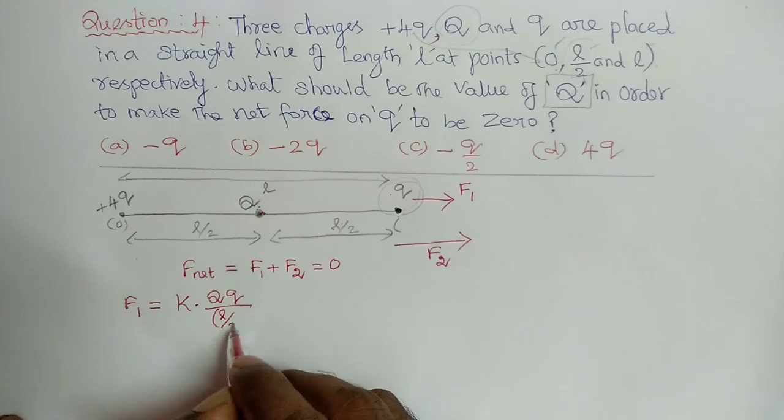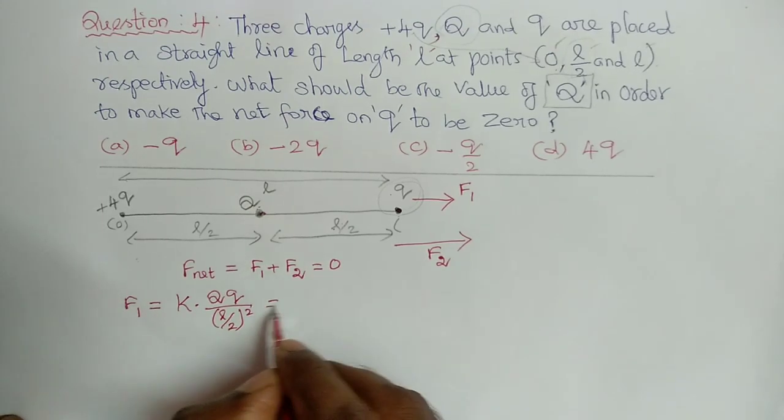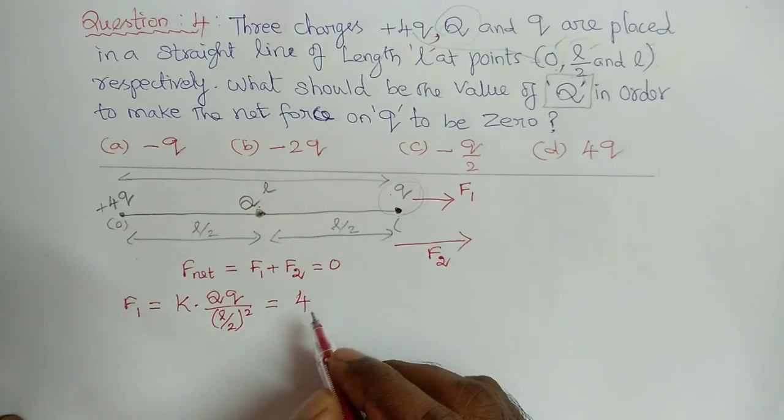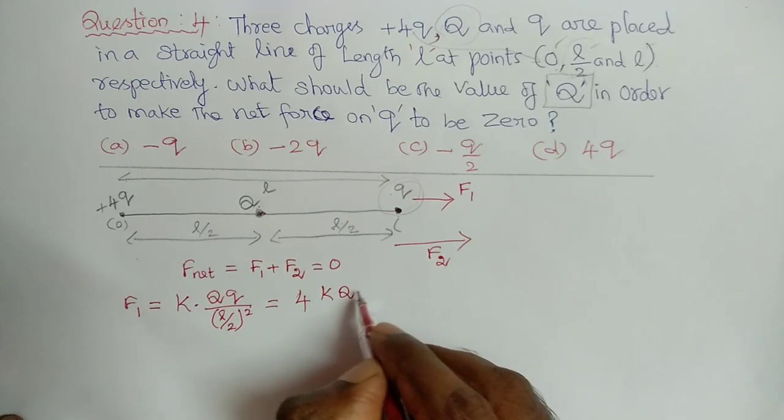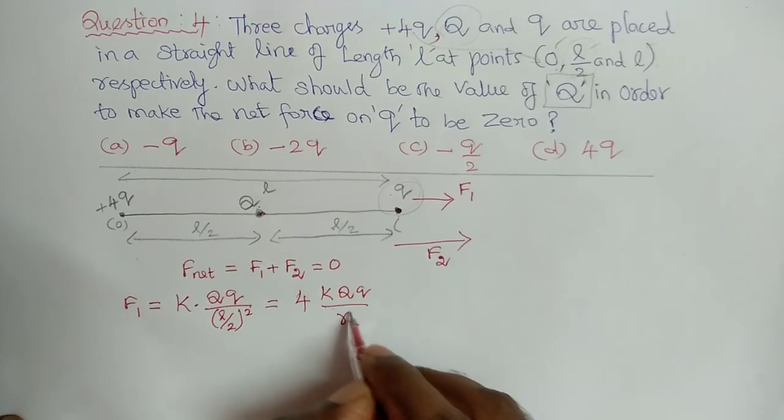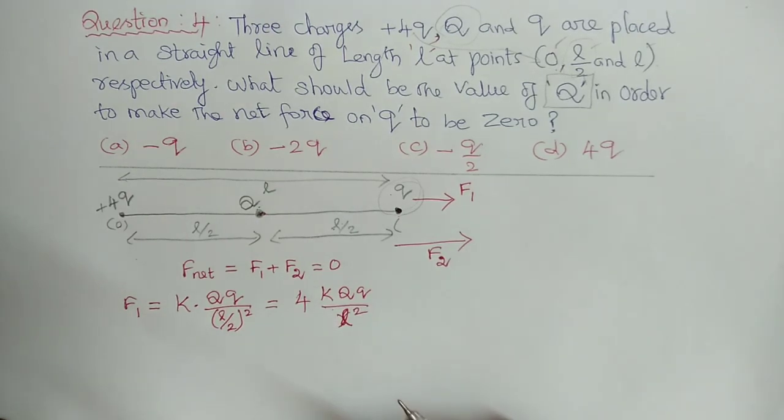So L divided by 2, the whole square, which is equal to 4KQq by L square. This is the value of F1.